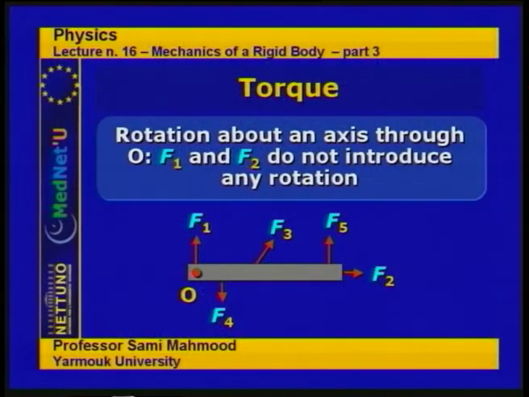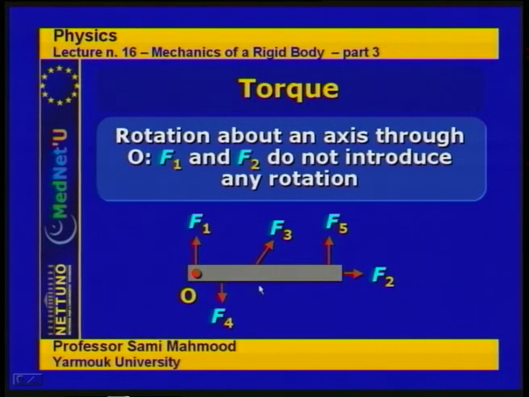However, our experience tells us that if we exert a force like F4, for example, the ruler or the rod will rotate clockwise. If we exert a force like F3, the rod will rotate counterclockwise.